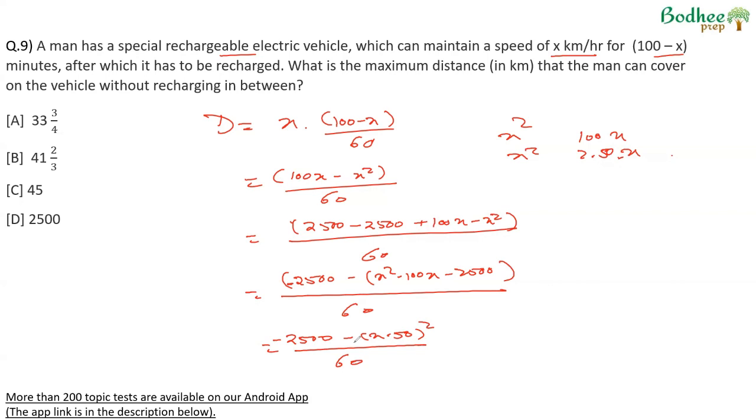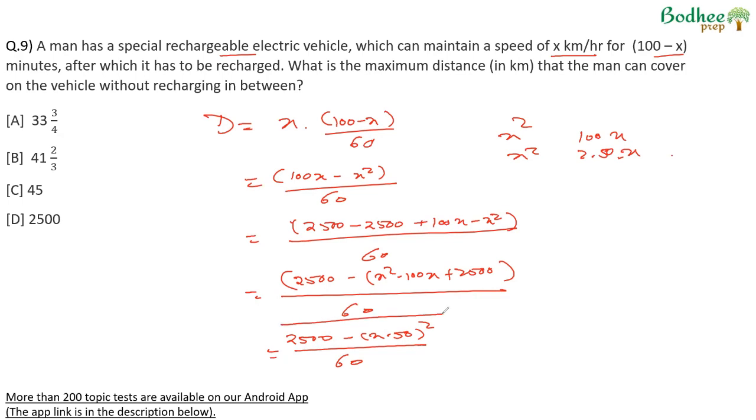Oh, sorry, this is a square. This has to be plus because it is a square: minus 2ab plus b square. So we get the minus 2500 in the bracket, so 2500 remains outside. This becomes (x minus 50) square.